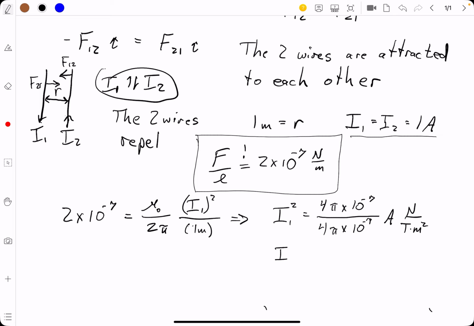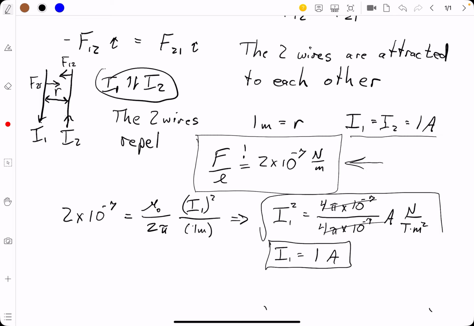So this cancels with this, and we end up with 1. So our I1 is equal to 1 amp, because we're going to take the square root of all of this and show that I1 is equal to 1 amp. So that's how you know: you can measure this, and then you dial it up or down until it equals that. And once it equals that, then you know you have exactly 1 amp going through your wire.